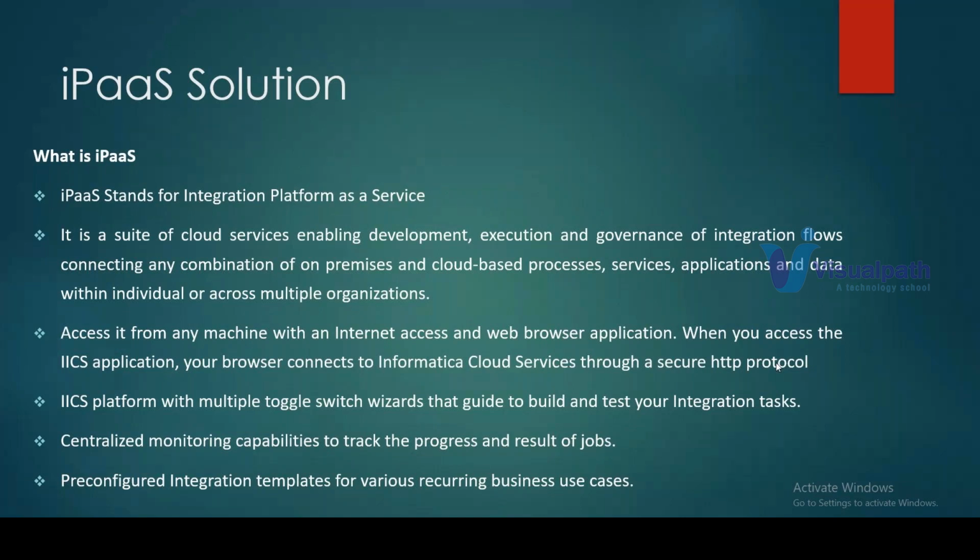It covers anything between your on-premise and cloud-based processes, services, applications, and data, across or within organizations. iPaaS is a cloud-friendly environment with a browser, a UI, and an underlying integration architecture which helps you integrate your cloud data and your on-premise data. You can access it from any machine with internet access.